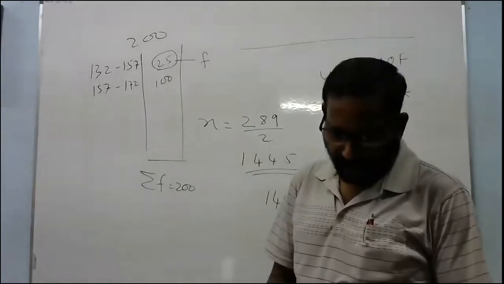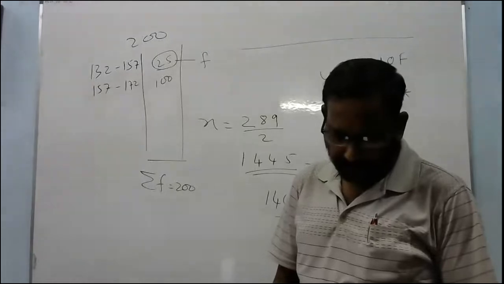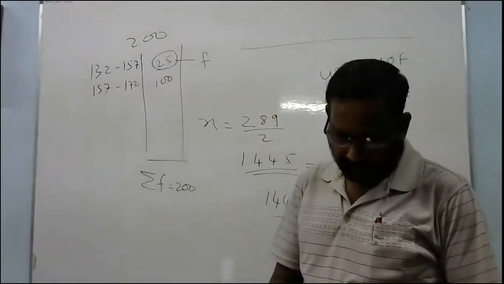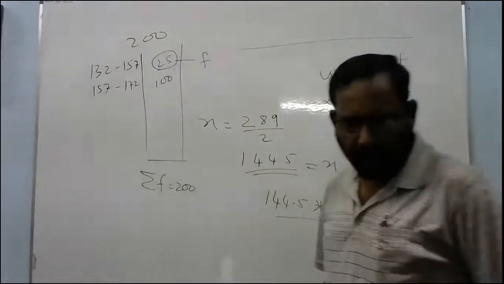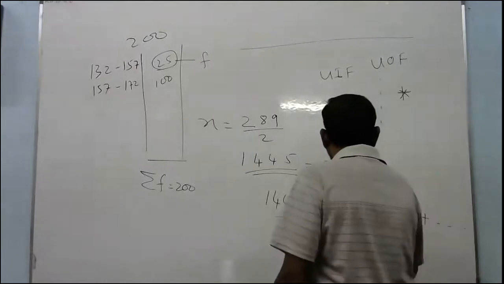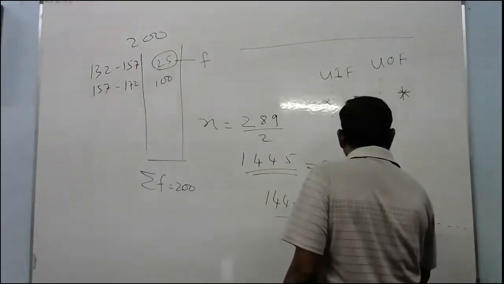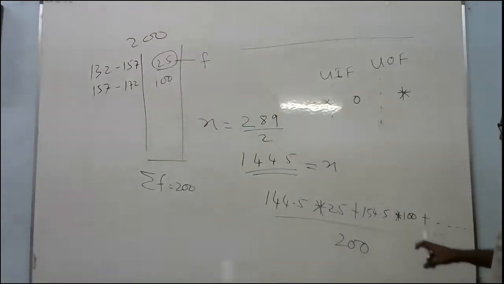Hamsatvani, what is the value? 164.5. Another 154.5, right?